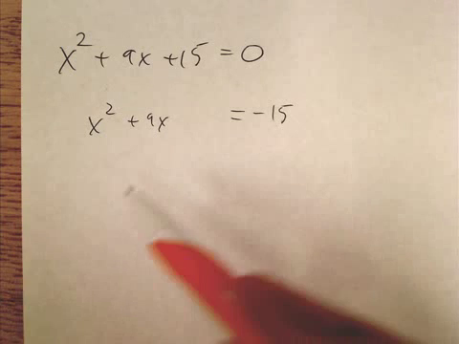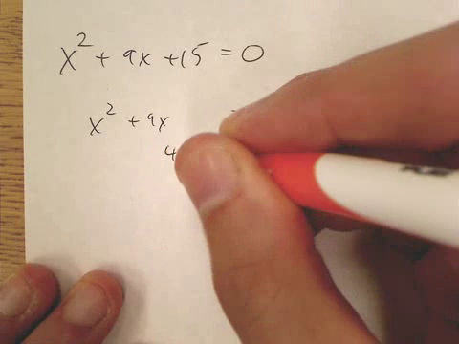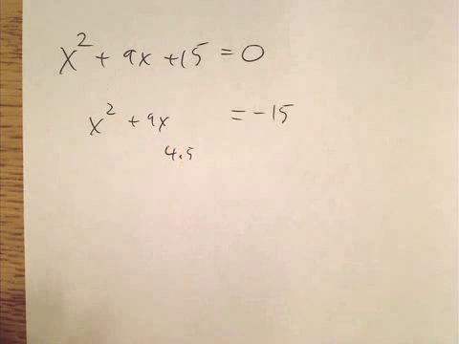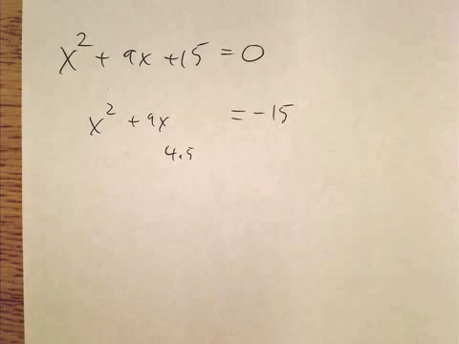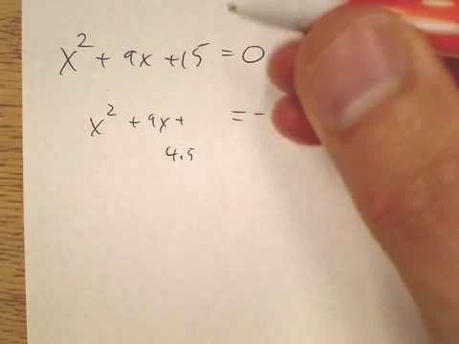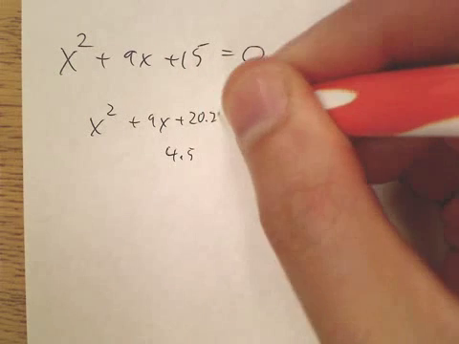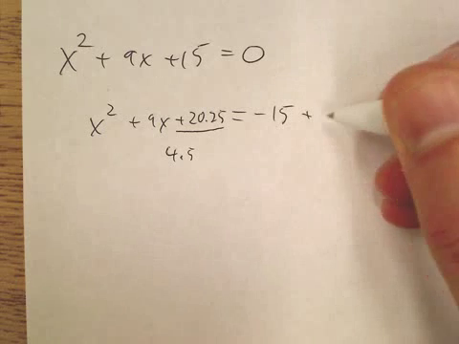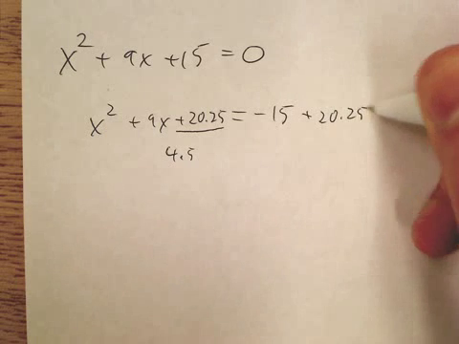Okay, so the 9 divided by 2 is 4.5. And then square it. I should have my calculator right here, but I don't. It'd be about 20, right? 4.5 times 4.5 equals 20.25. I have to add that to both sides of the equation.